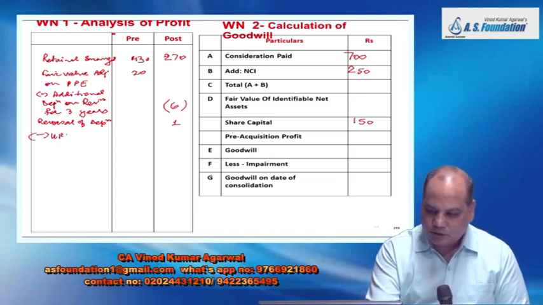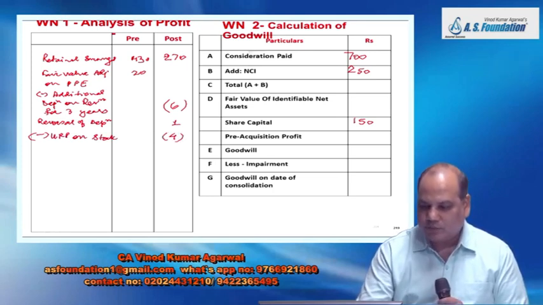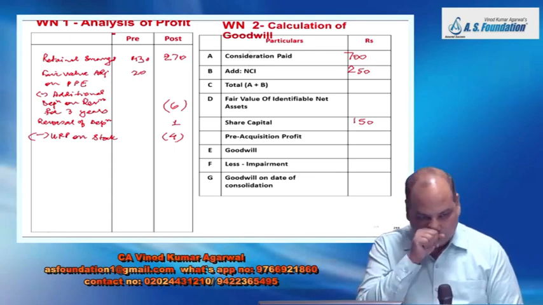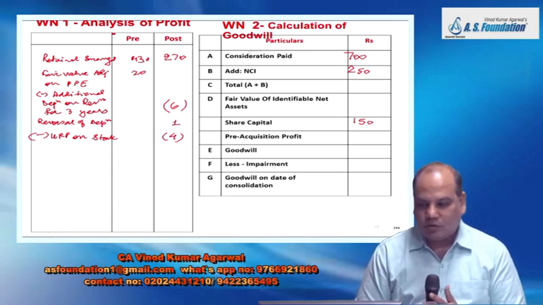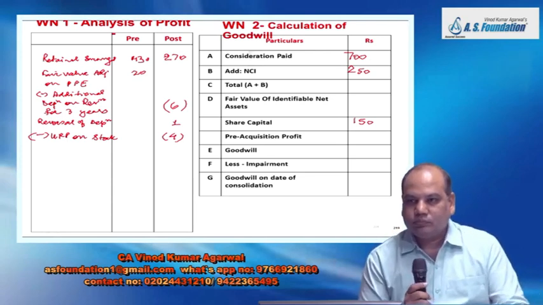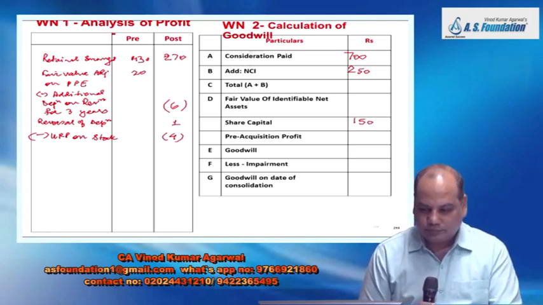Less unrealized profit on stock in bracket 4. Done.